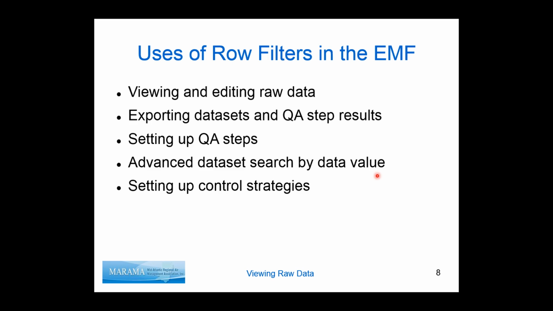So if you want to find data sets that contain data about specific SCCs or for specific locations, you can use the advanced data set search with this row filter syntax. And then coming up in our next set of webinars, we'll be moving on to talk about control measures and control strategies. You'll see this same kind of syntax being used when you're setting up control measures and control strategies.